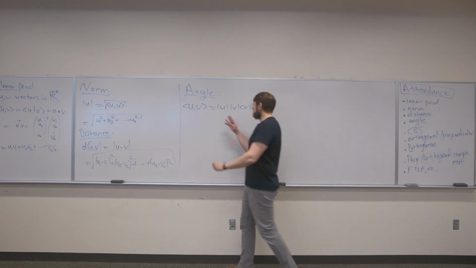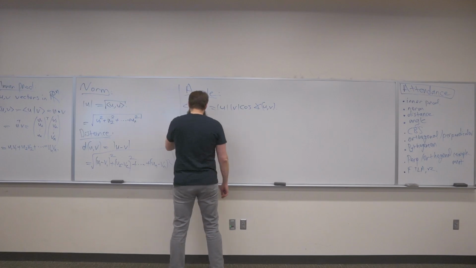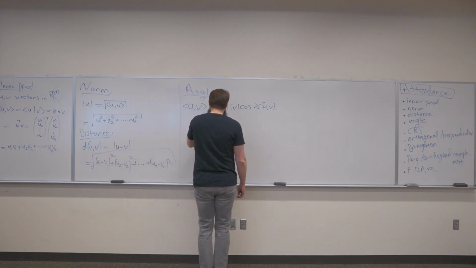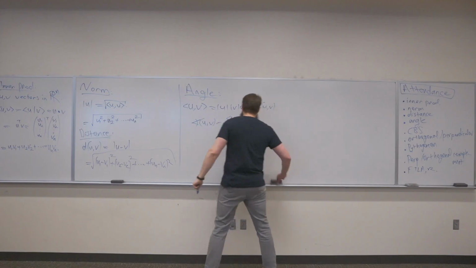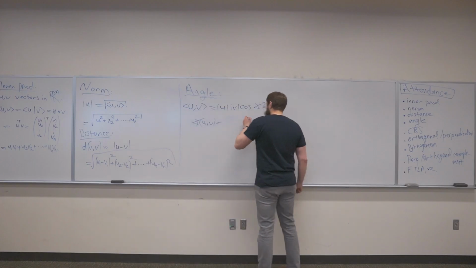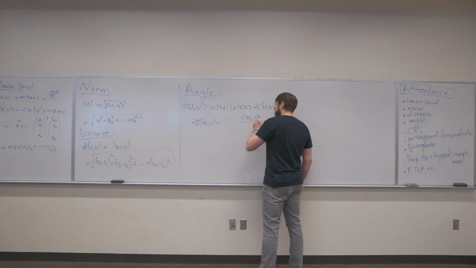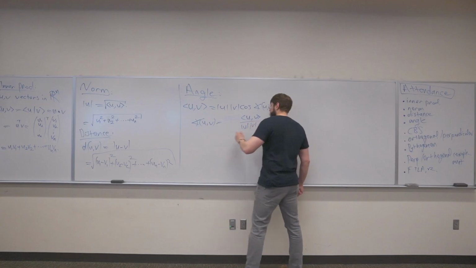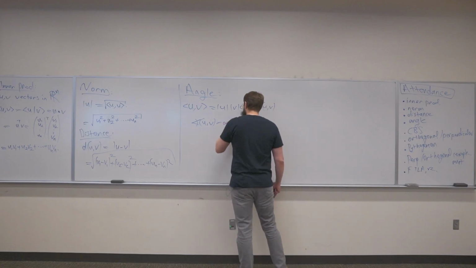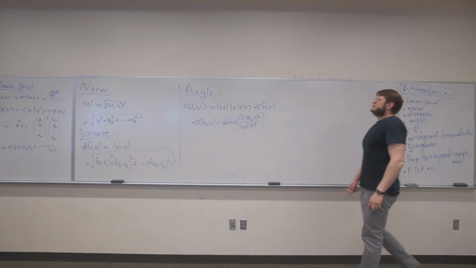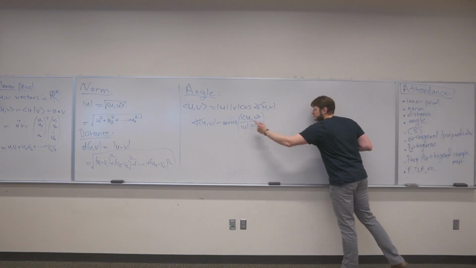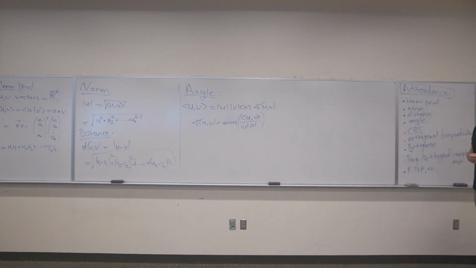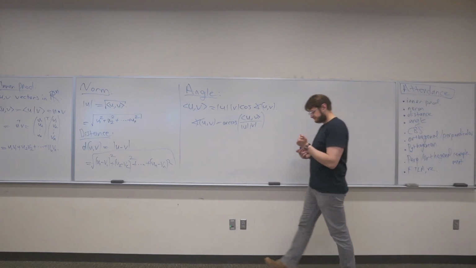And if you want to solve for the angle, you can certainly do that. What is this? So inner product divided by the norms. Oh, and then I need to take the arc cosine. You can think of this in either way. I personally prefer this more. This is somewhat more nasty, I think, but to each their own, of course.